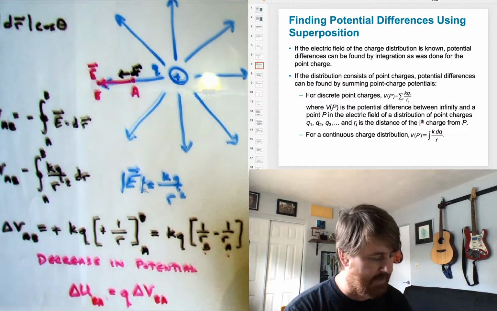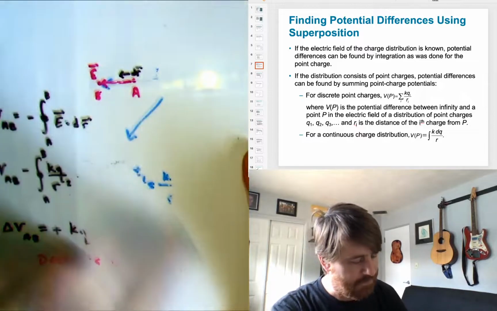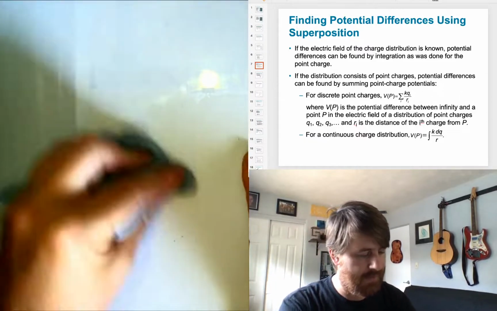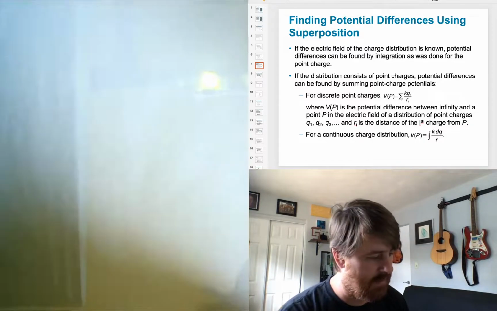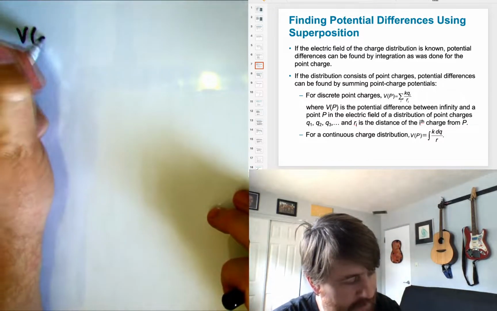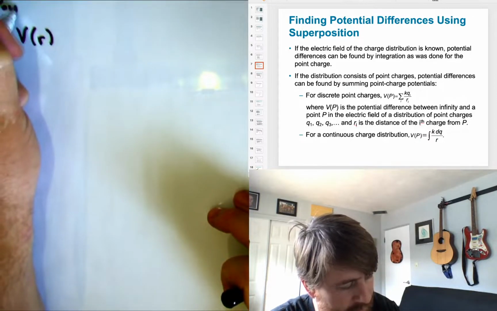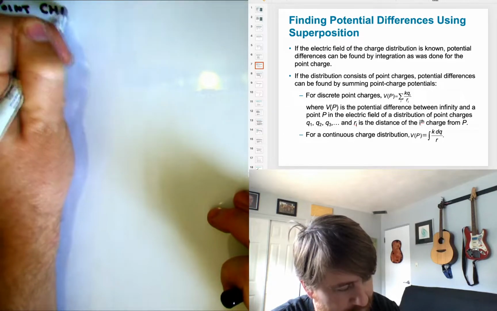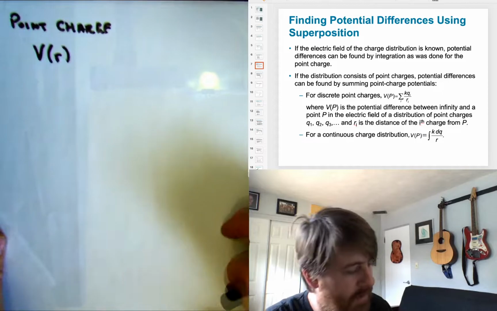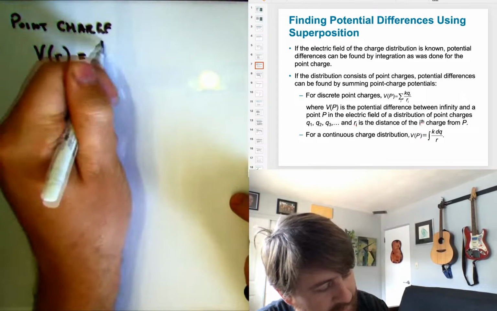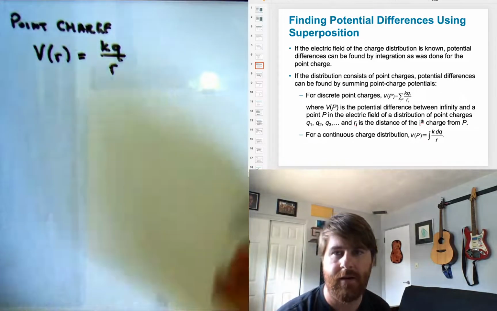And it's convenient to say that that potential function V of r for a point charge is kq divided by r, right?